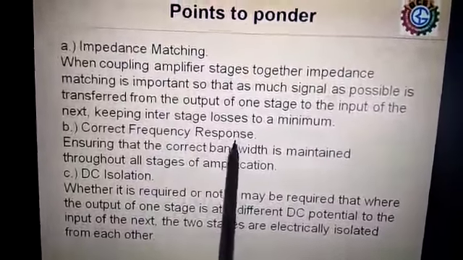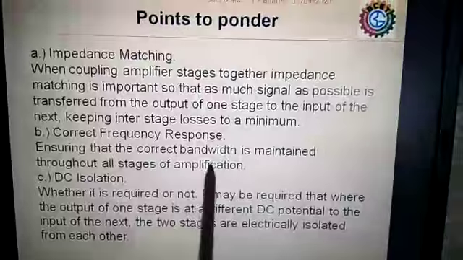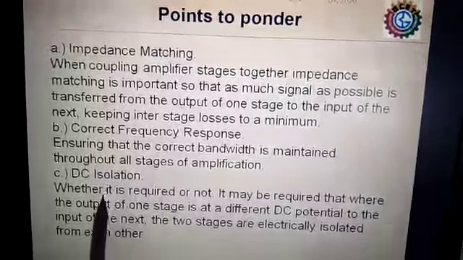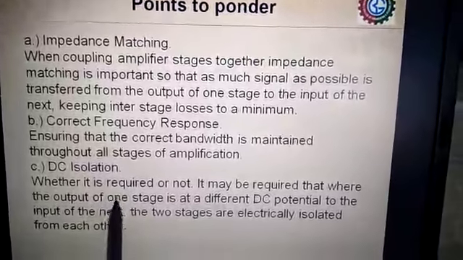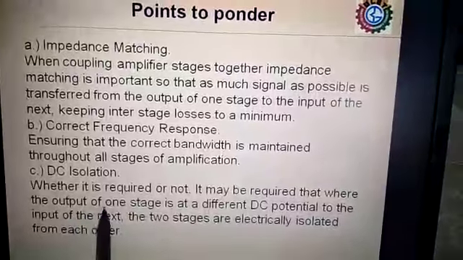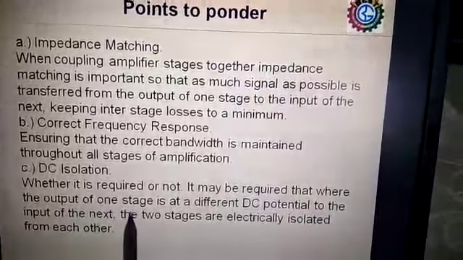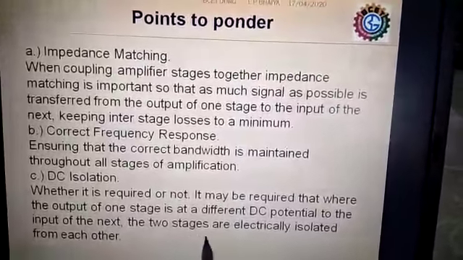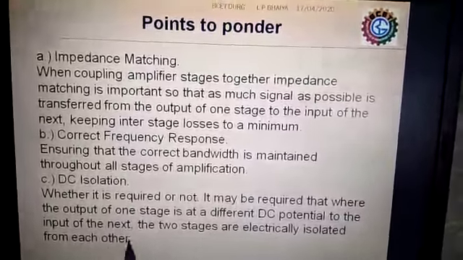Correct frequency response, ensuring that the correct bandwidth is maintained throughout all the stages of amplification. And DC isolation: it may be required where the output of one stage is at a different DC potential to the input of the next, so the two stages are electrically isolated from each other.